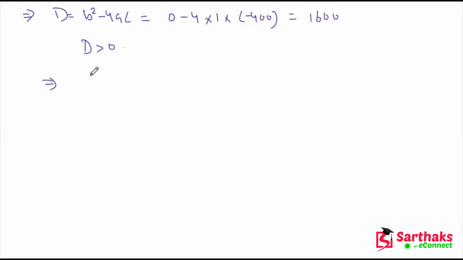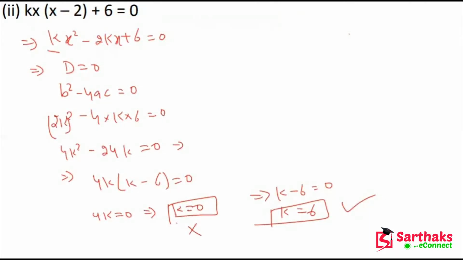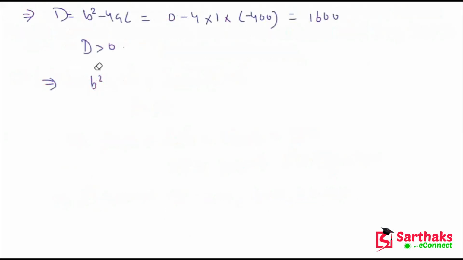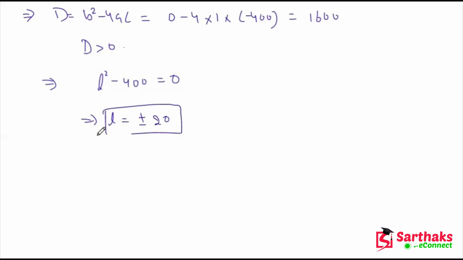We have B square minus 400 equals 0, and we can find it easily. So B equals plus or minus 20.